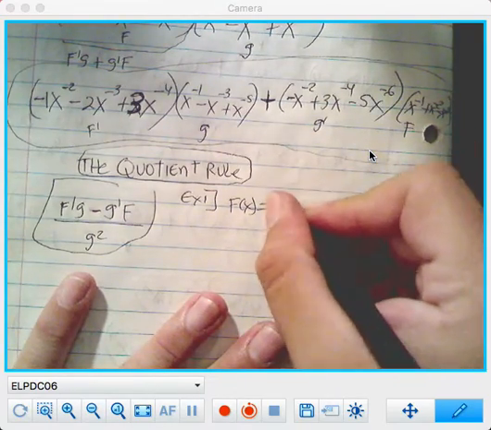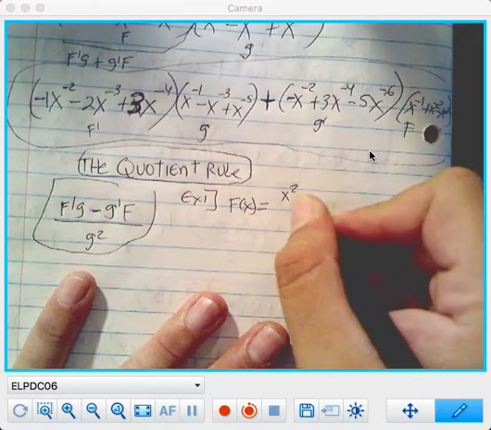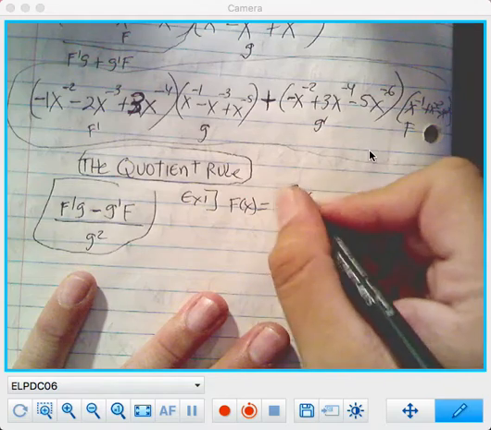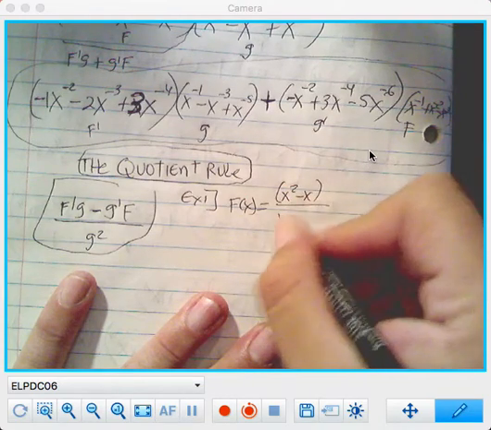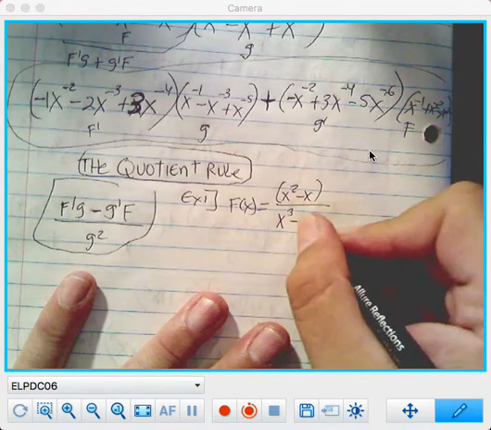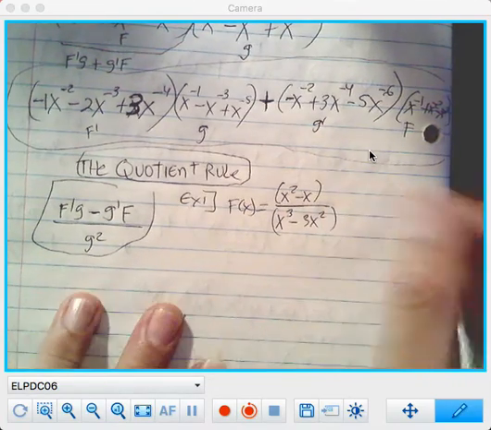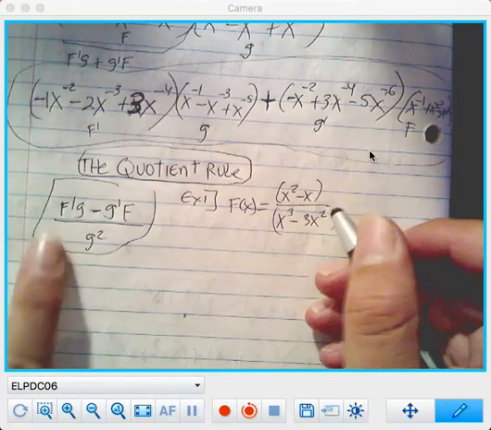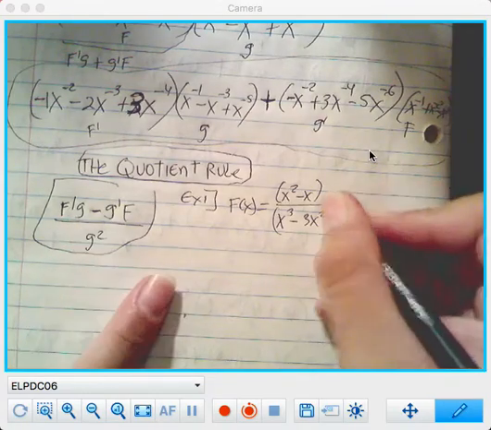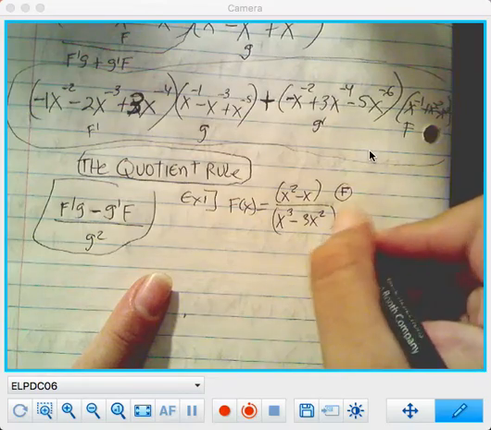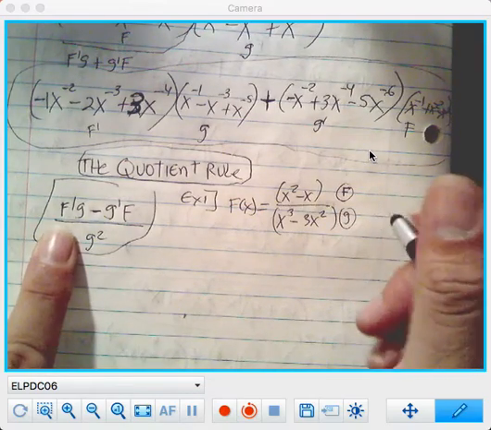Let's do x squared minus x over x cubed minus 3x squared. Now look, you see how you have f and g? So the f is going to be the top and g is going to be the bottom. And then you follow the formula.